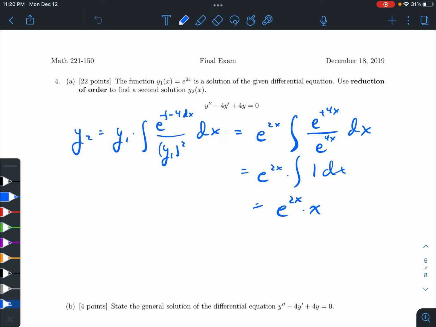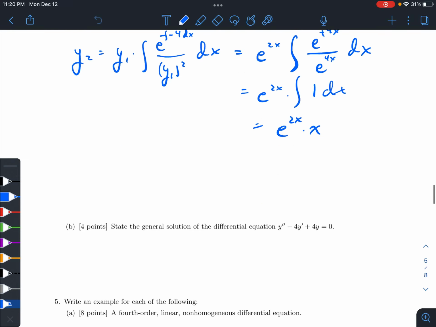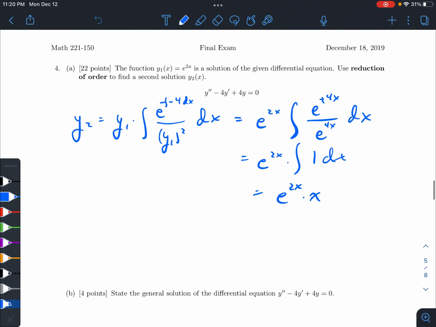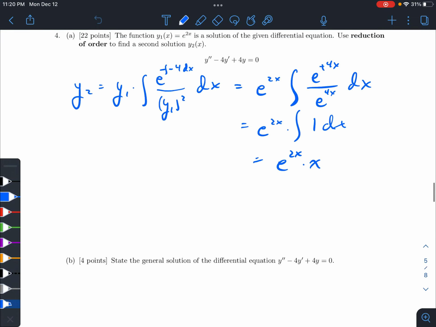I'm pretty sure I got it, but yeah, okay, I got it. Cool. All right, what's the general solution of the differential equation? That is just c1 e to the 2x plus c2 e to the 2x times x.